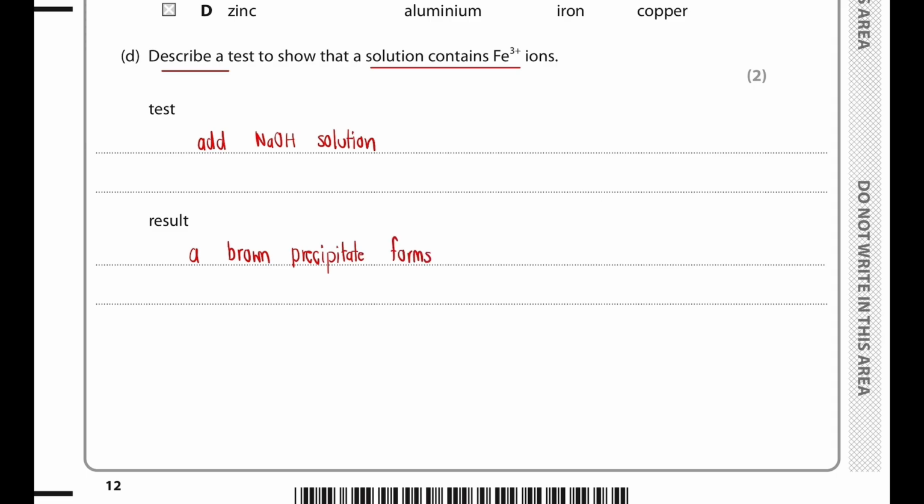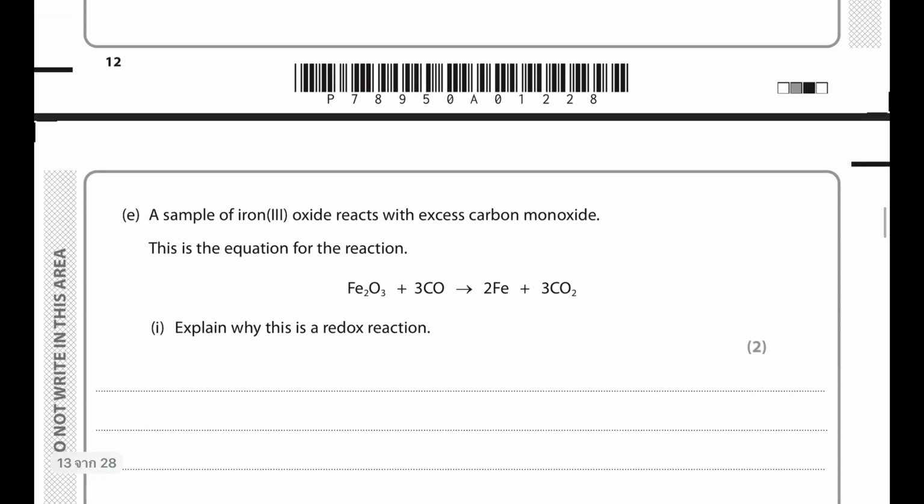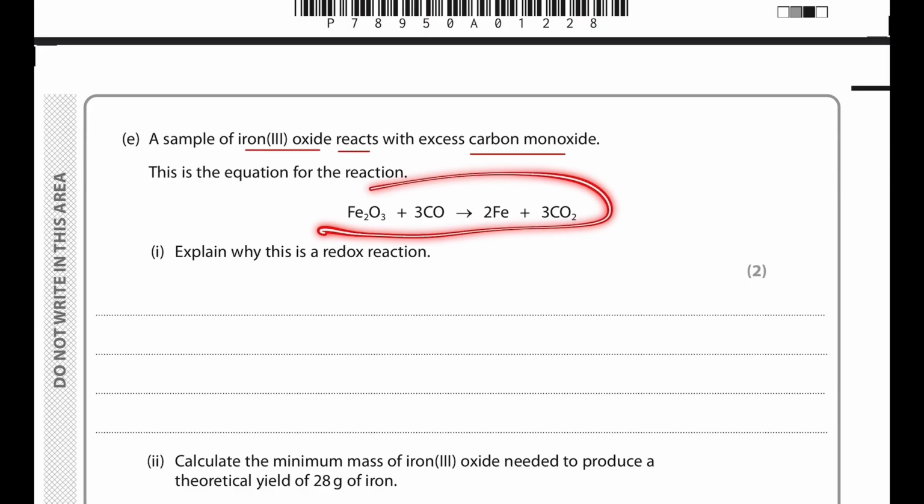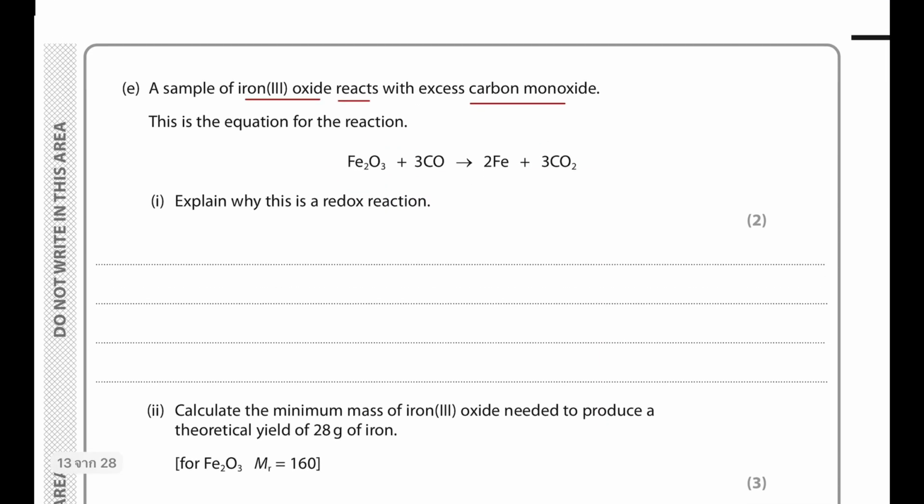Okay. Then question E. A sample of iron oxide reacts with excess carbon monoxide. This is the equation for the reaction. Explain why this is a redox reaction. So the first one is iron oxide loses oxygen.